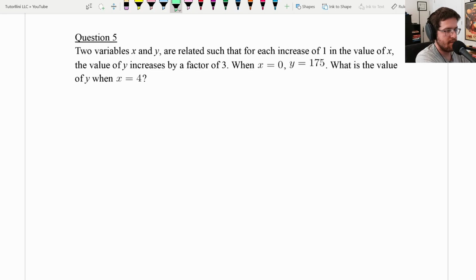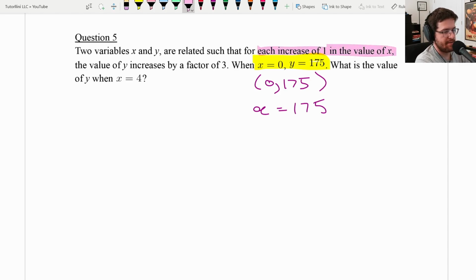Okay, question 5. So they tell us this point here, 0, 175. That is the y-intercept because x is 0. That means a is equal to 175. And the multiplier, we see this key phrase here, for each increase of 1 in the value of x, what does y get multiplied by?